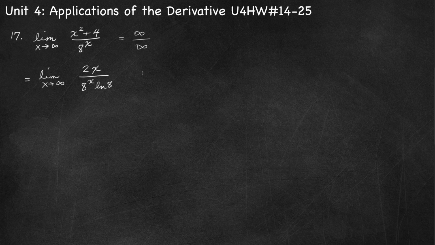As x approaches infinity, this is still giving me infinity over infinity, so I can apply L'Hopital's rule again. The derivative of my numerator is 2. The derivative of my denominator is 8 to the power x times the natural log of 8 times the natural log of 8. And so now this is giving me 2 over an infinitely large value, which is approaching 0.